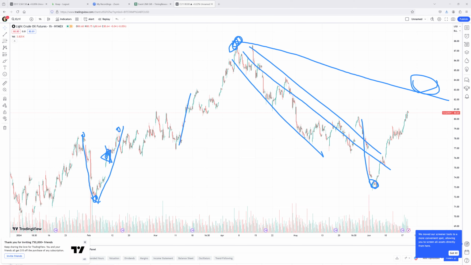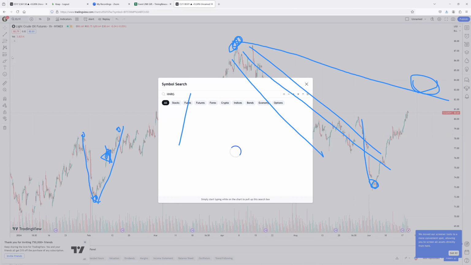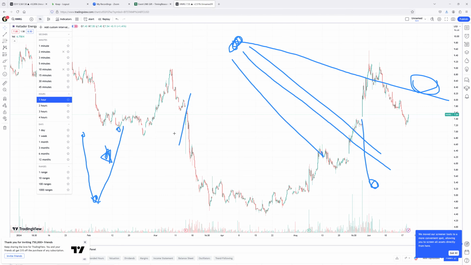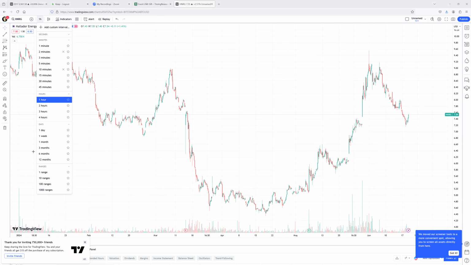Let's pull up some of your questions. You've got HNRG. Oh my gosh, you guys, this low down here is beautiful. This is exactly what we love to see when a trend is ending. What you'll notice is you've got that really extreme trend, basically three waves with a more extreme move here in the middle.